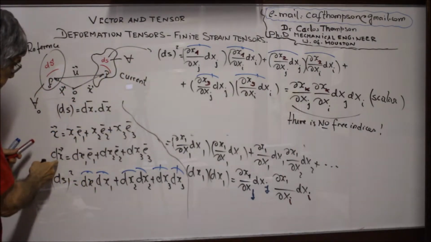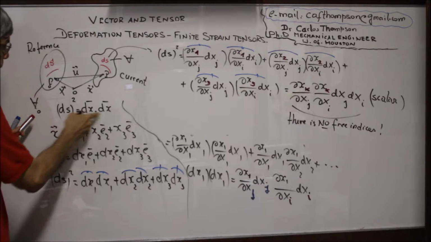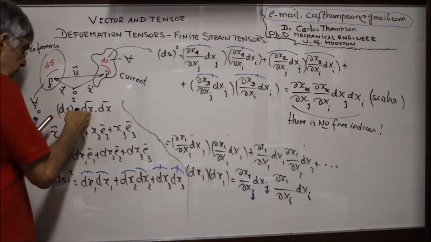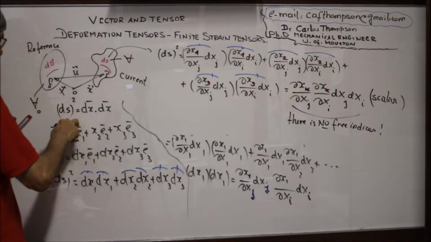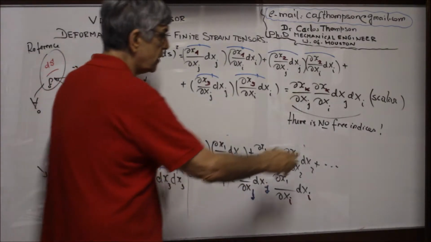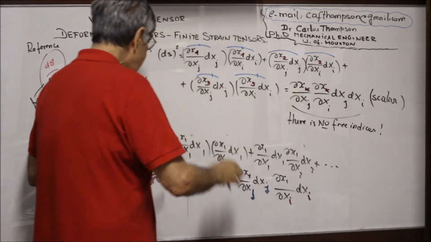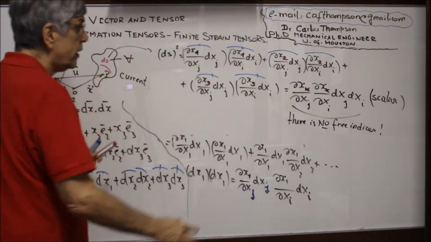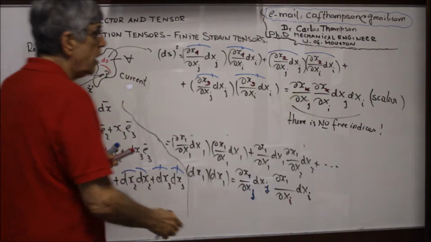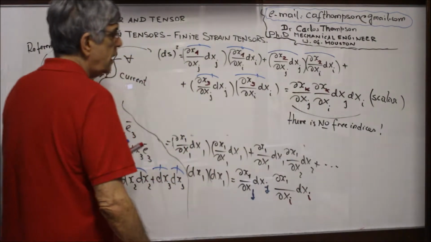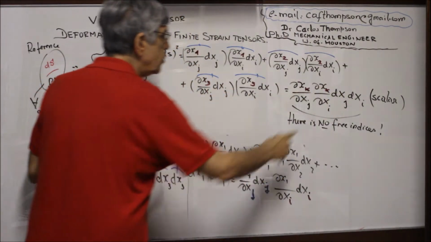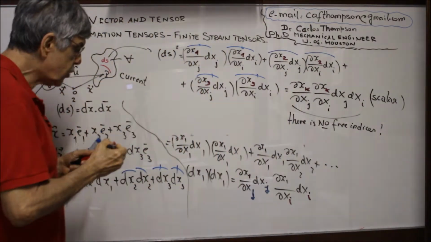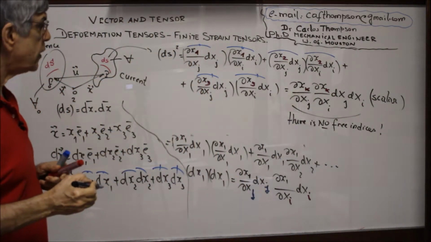This is a dot product, a vector dot product between two vectors, which is a scalar. There are many terms that we can just concentrate using Cartesian notation.